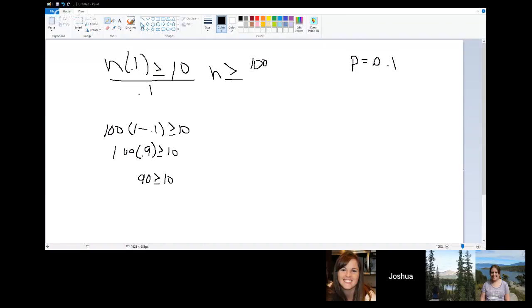Oh, the big one: p-hat minus p divided by the square root of p(1 − p) over n. This is the one that you put in the applet, right? Mm-hmm.